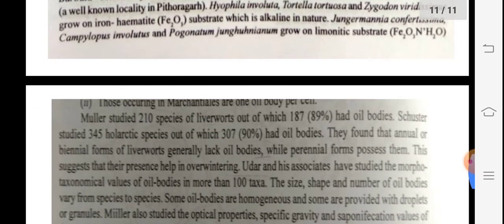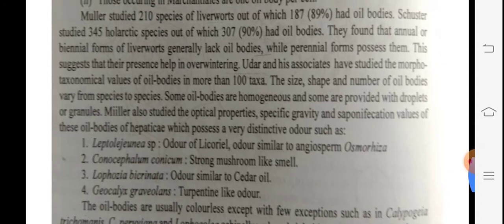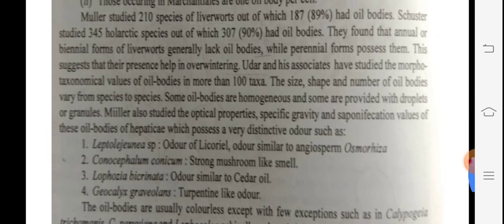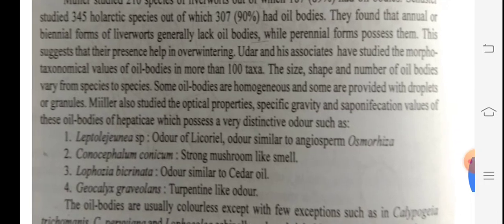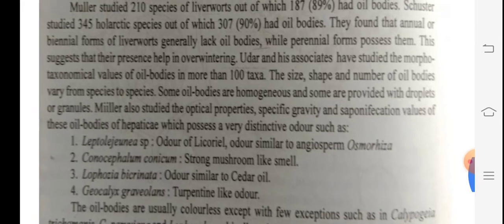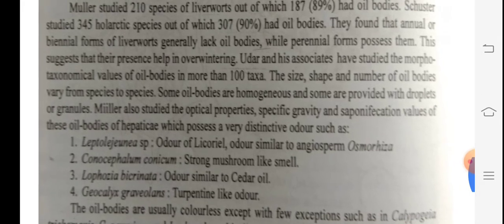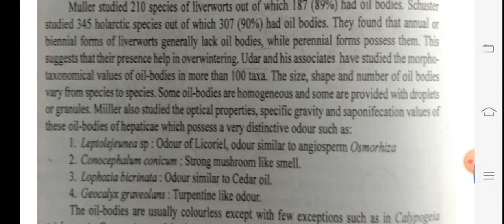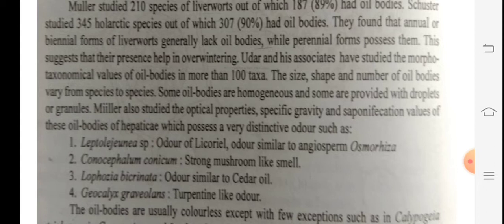Then in relation to oil bodies, there are some studies. According to Muller, he studied 210 species of liverworts, out of which 187, that is 89%, show oil bodies. Schuster studied 345 holarctic species, generally 90% have oil bodies, and they found different annual and biennial liverwort forms.